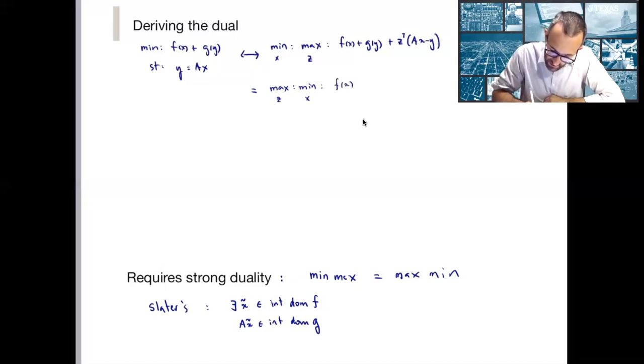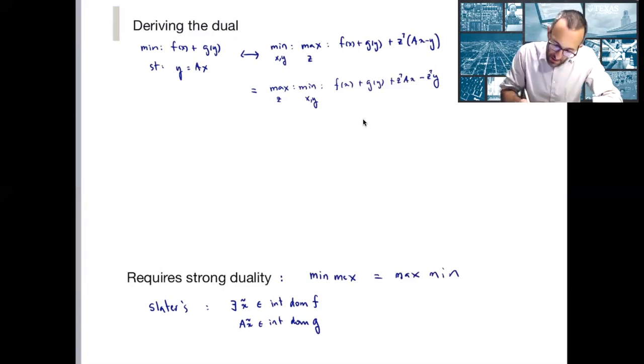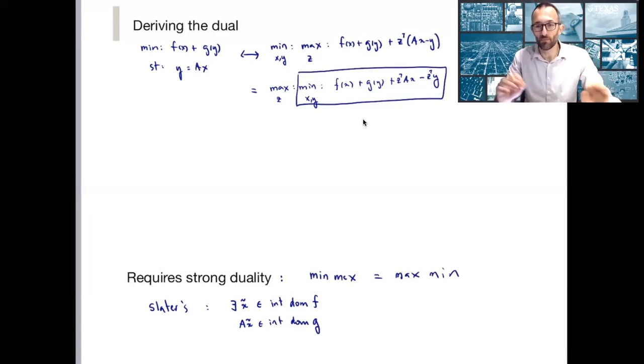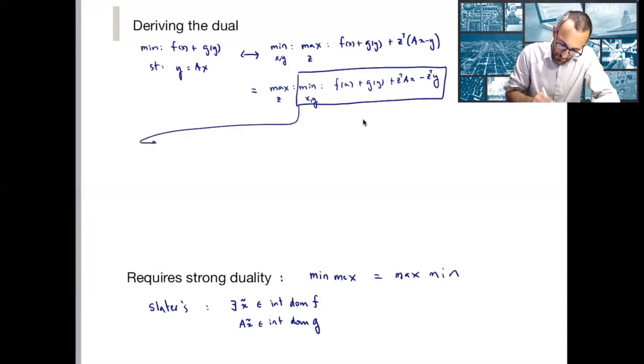Oh, I'm sorry, this of course should have been x comma y the whole time. f of x plus g of y plus z transpose Ax minus z transpose y, and now there's no coupling between x and y anymore. There's no constraint y equals Ax, and so this inner minimization problem is going to be a function of z, because the min, being inside, has the luxury of getting to see what z gets to do. So let's look at this.